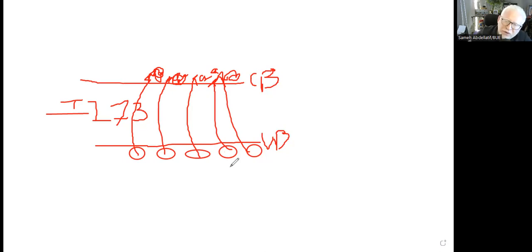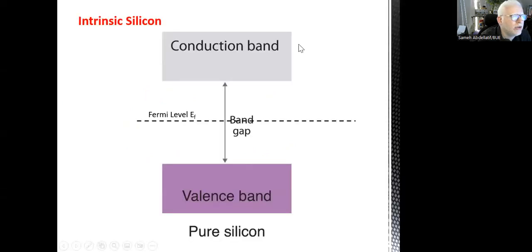So the number of free electrons in the conduction band equals the number of holes in the valency band. Back to the slides. Okay, so the Fermi level, which is an indicator for the ratio of the electrons in the conduction band to the holes in the valency band, will typically be in the middle of the energy band gap.